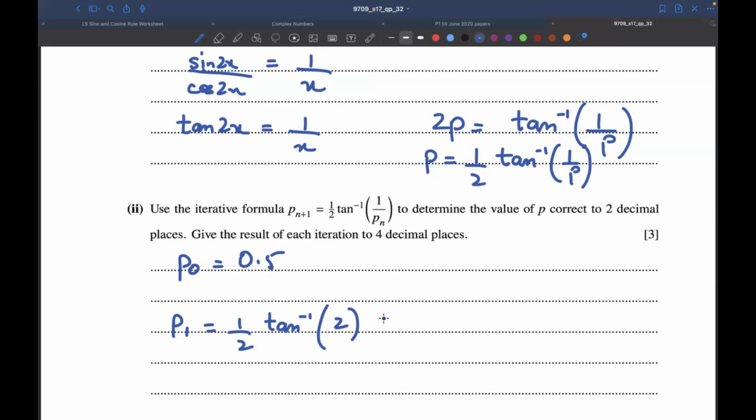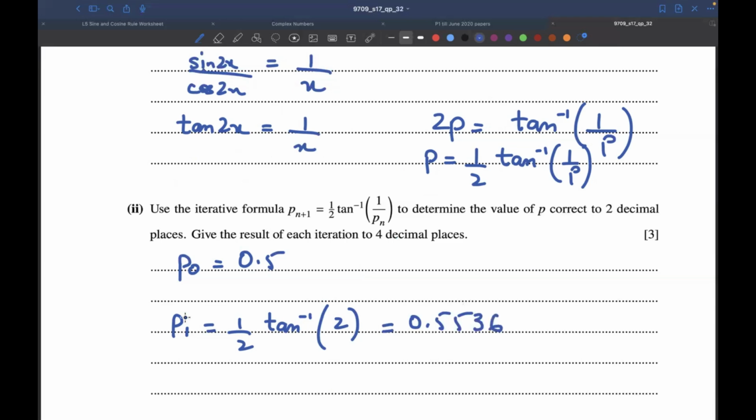Shift tan inverse of 2, and we have to make sure that our calculator is in radian mode. So shift tan inverse of 2 is 1.11, and then we'll divide our answer by 2, so we'll get 0.55. We have to give our answer to 4 decimal places, so that is 0.5536.